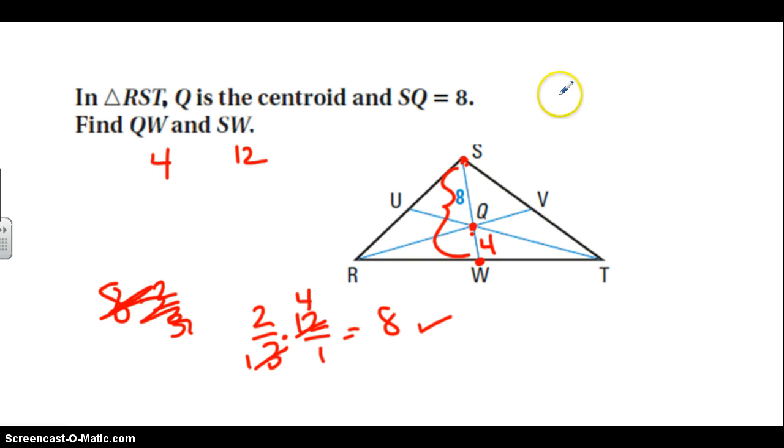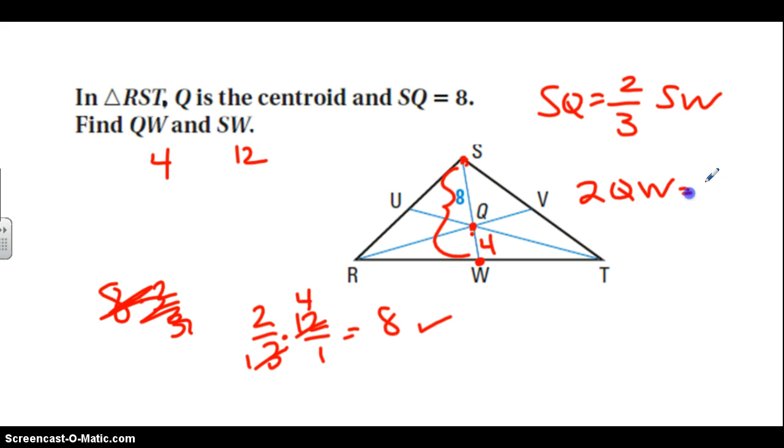So that means that SQ is 2/3 of SW. We know that. We also know that 2 times QW should equal SQ. Just a few different ways that you could see that set up for the relationship with the medians and the centroid.